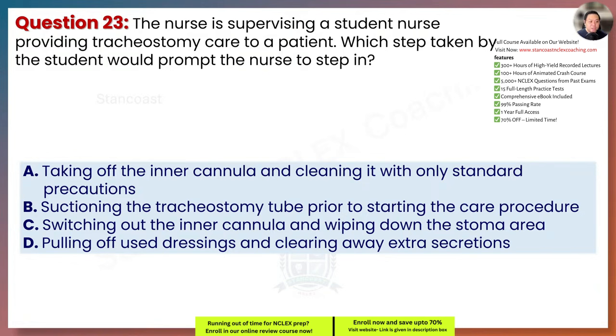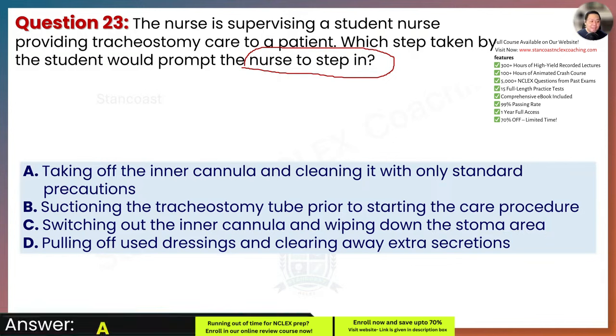Now go back to the question stem. You are going to select that option that would prompt the nurse to step in. So you're going to identify the step that is done by the student nurse that is wrong, anything that is inappropriate. So the correct answer here is letter A. Okay, it said taking off the inner cannula and cleaning it with only standard precautions.